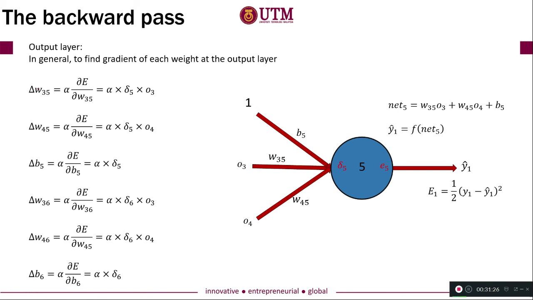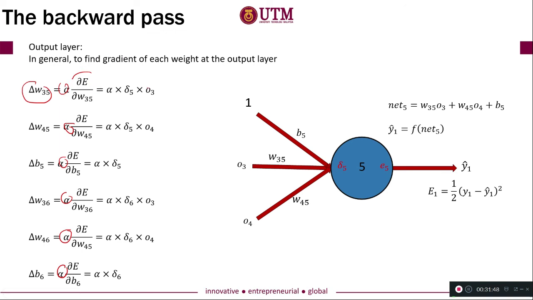Of course, every updater you need to multiply with alpha. Alpha needs to be multiplied with your gradient to find the updater. If you set alpha to a certain value, then you just multiply it with the gradient.